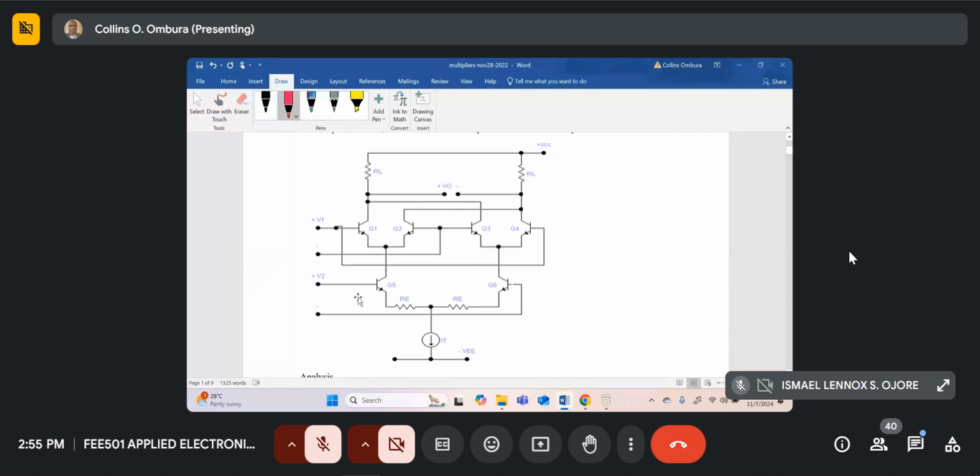So for this circuit with the Re, the input resistance here is much higher than this signal which is applied to these 2 points which go to Q1, Q2, Q3, Q4. So that will have to be sorted out.